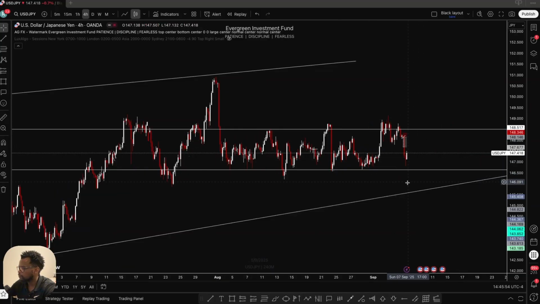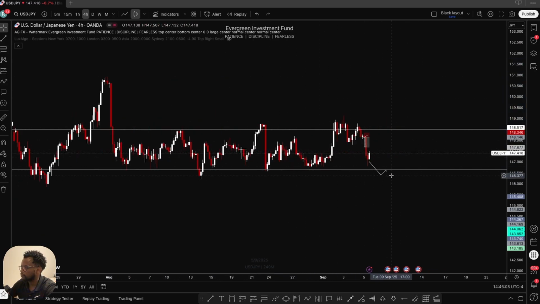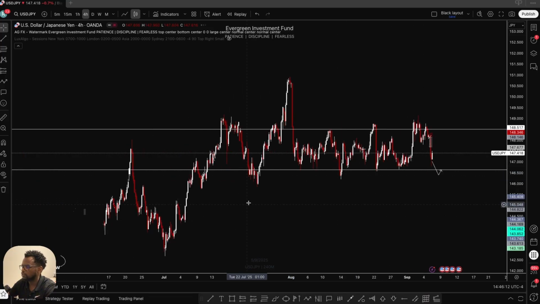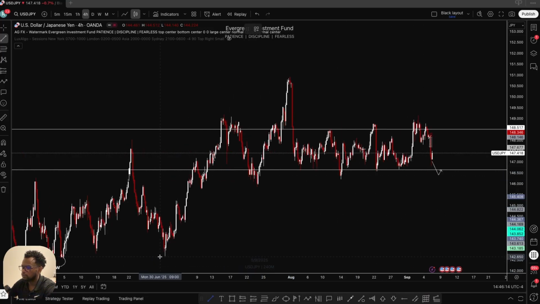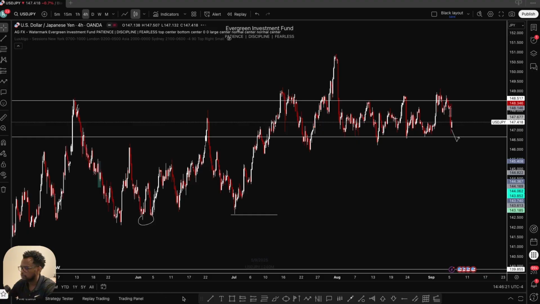Also, because of what happened on Friday, this is what I'm looking to see if we can break out of. Let me just take this away so that the chart looks cleaner. You can clearly see the range here. We need a clear break and retest of this area, and then we can start targeting these lows as I mentioned on the daily. Lows like this and these type of lows.